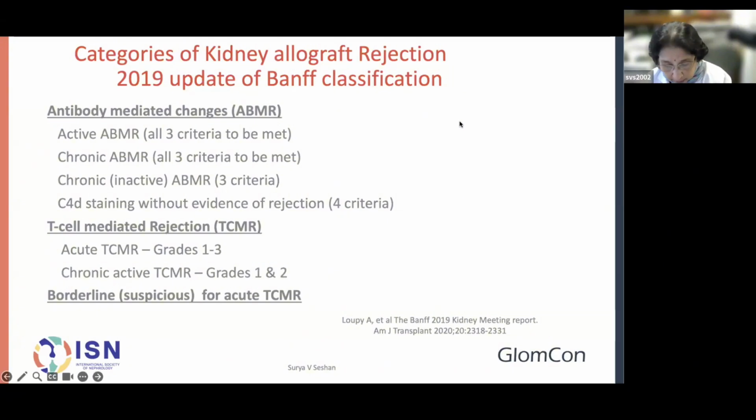I think worldwide, we all follow the BANFF schema to assess allograft rejection when a transplant kidney biopsy is done. And this is the latest classification: the categories and subcategories of antibody-mediated rejection, T-cell mediated rejection, and borderline or suspicious acute TCMR.